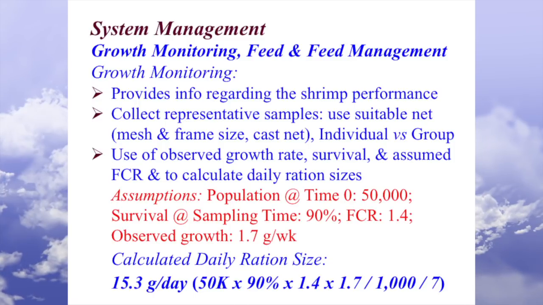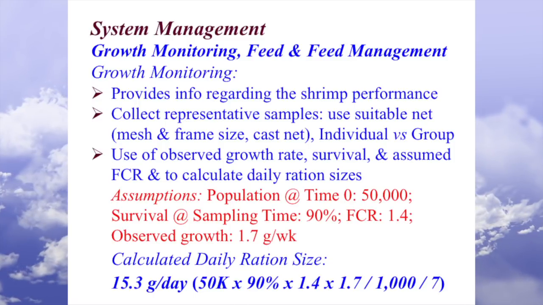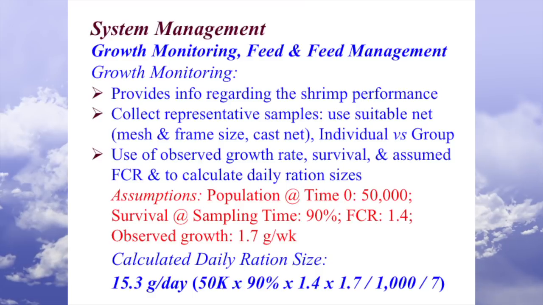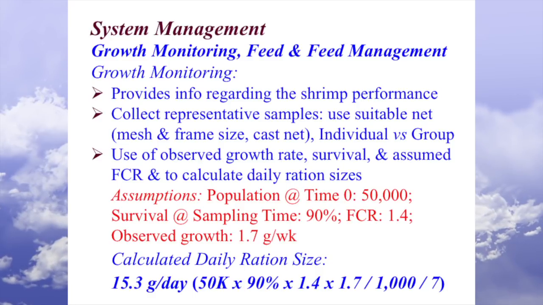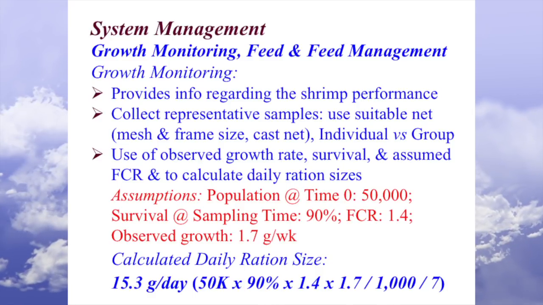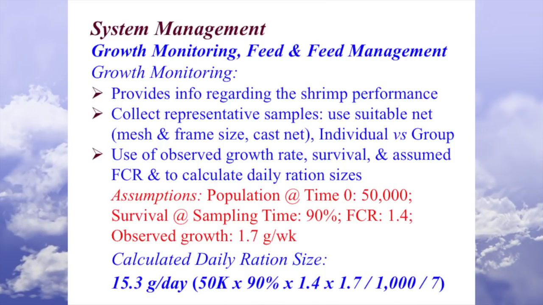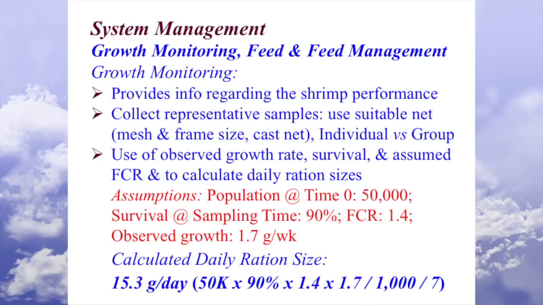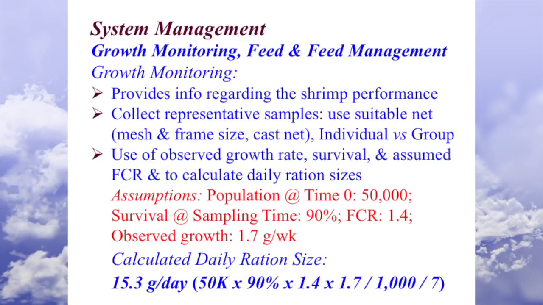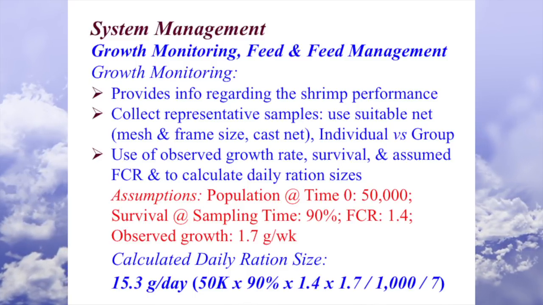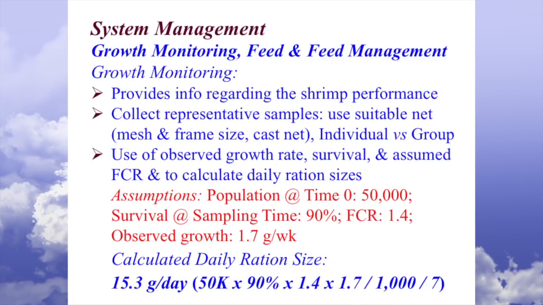Use the observed growth rate, survival, and assumed FCR to calculate the daily ration size. For example, if we assume that we have 50,000 animals stocked in the tank, and we assume that we have certain mortality, and at the time that we are sampling, we assume that we have 90% survival.